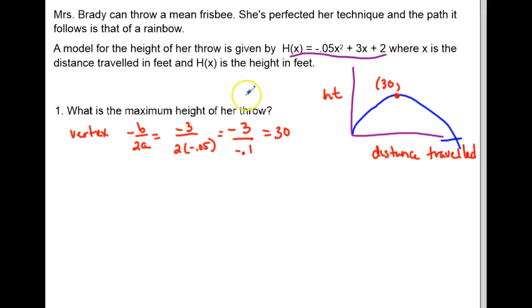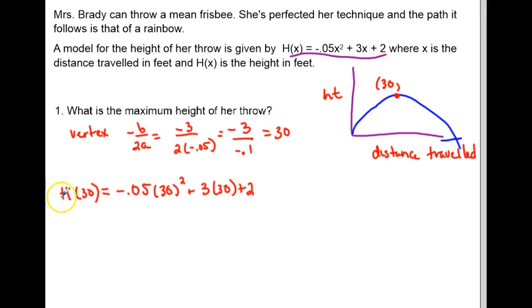Now I'm going to go plug 30 into my equation. So my height, when my frisbee is 30 feet away from where I threw it, is negative 0.05 times 30 squared plus 3 times 30 plus 2.